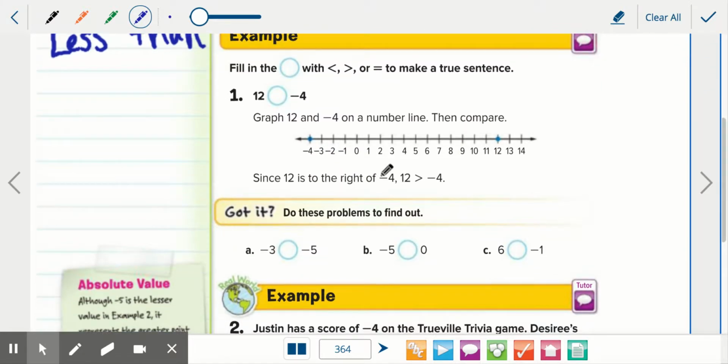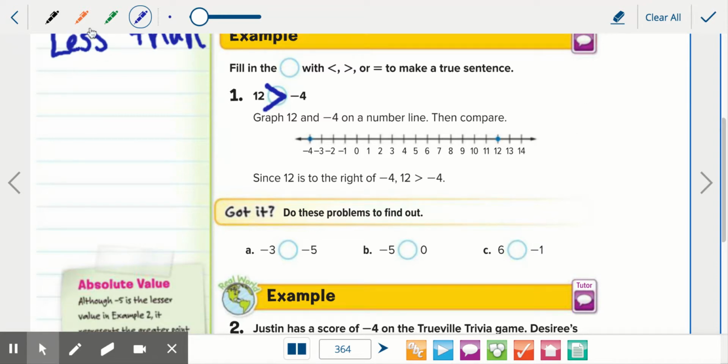All right, so for this first example, they went ahead and gave you the graph and said compare. You have -4 and you have 12. Well, 12 is further right, so 12 is larger. So if it's larger, I'm going to get the greater than sign. Now, if you're someone that has learned in the past that it eats the larger number, then remember it that way.